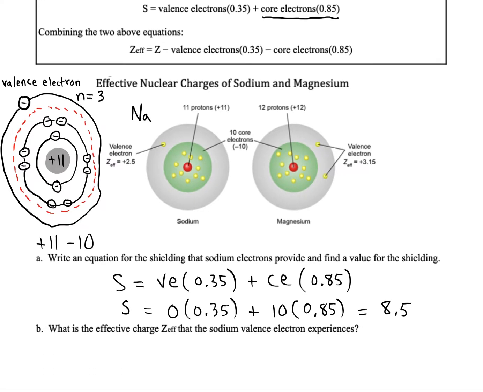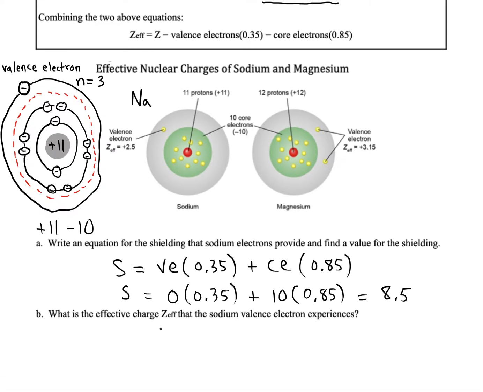and we can go on to the next step, which is to find the effective charge that the atom exerts on the valence electron.